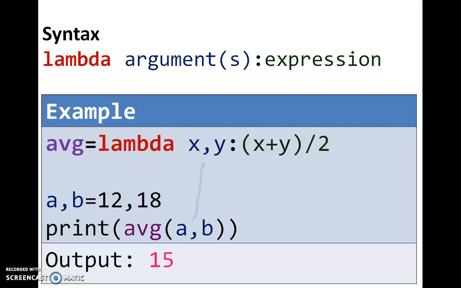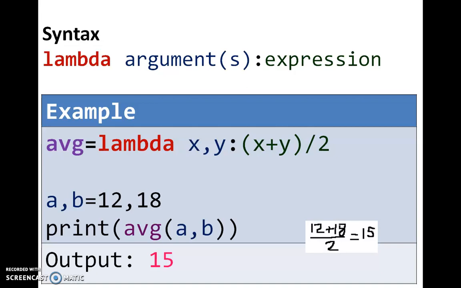avg(a, b). Here a, b are the actual arguments and these values are now given to x, y. So x takes the value 12 and y takes the value 18 and it will calculate (12 plus 18) divided by 2, which gives the answer 15.